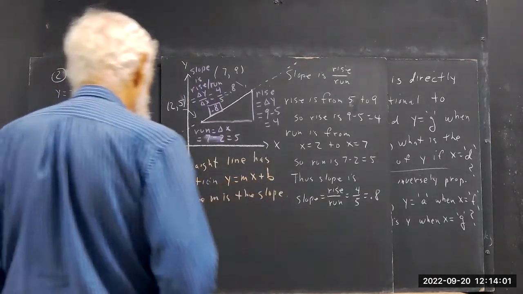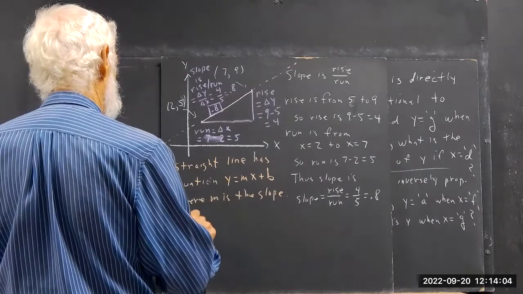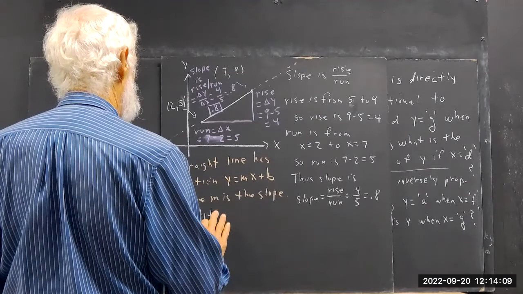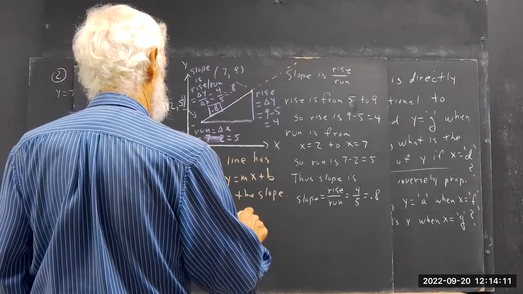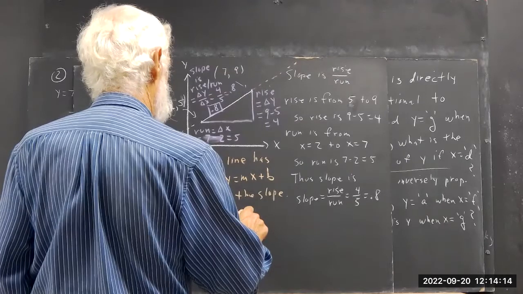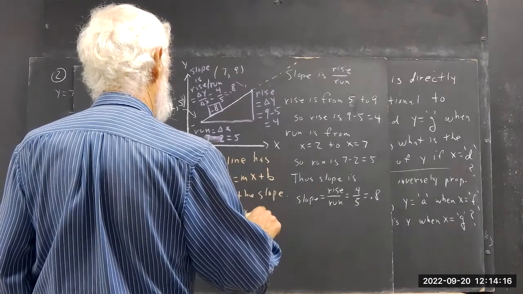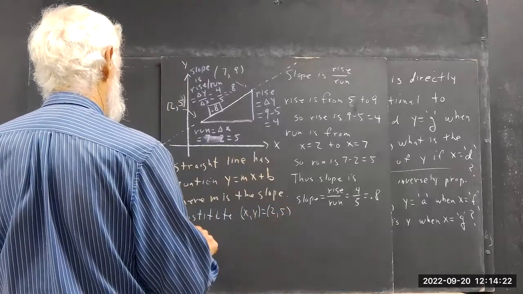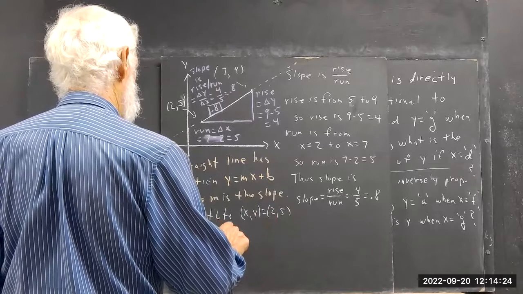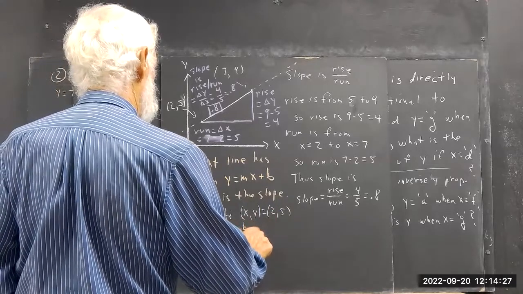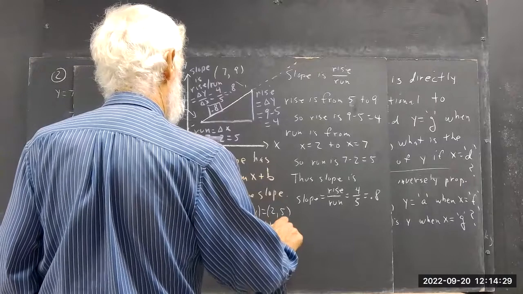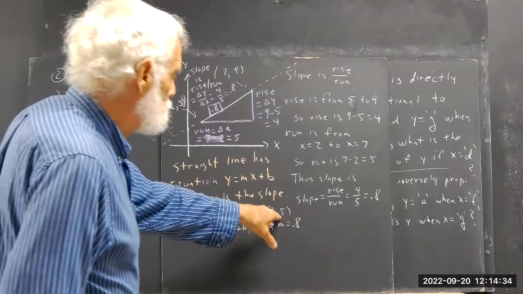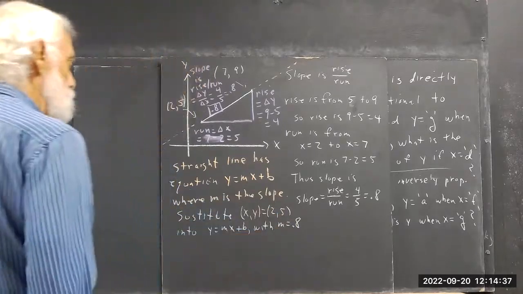So we're going to substitute x, y equals 2, 5, with m equals 0.8, into this equation.